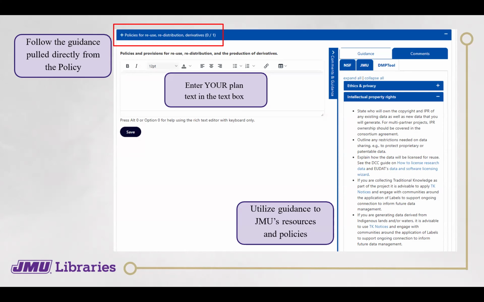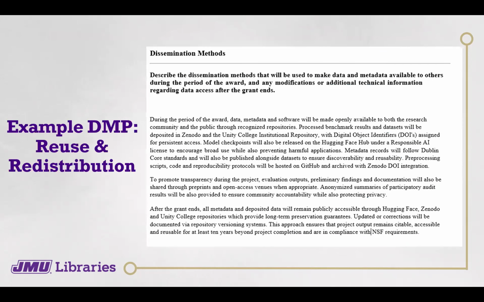That's because these are really analogous, just like the first two sections on data produced and metadata standards will go hand in hand. Your real goal with this is to make sure all of your bases are covered, even if some of your information for metadata appears in your data produced section. Again, the real goal here is to just make sure you've listed out everything. And so here's another example to kind of look through what this section would look like.